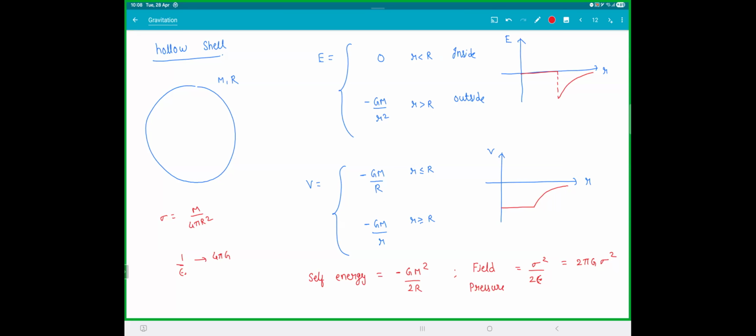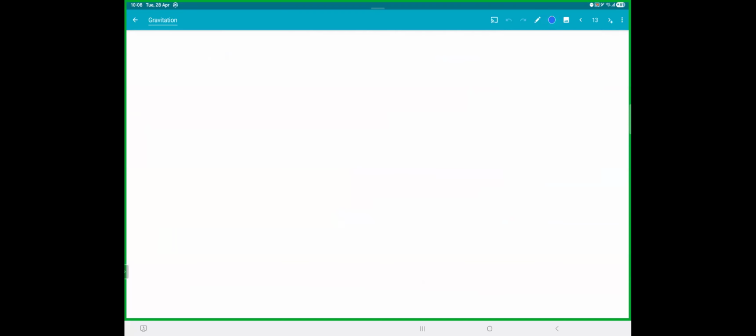Everyone should write your equations. Arya, keep your cam on. Let's write the formula, Sudiksha. Give it a try.